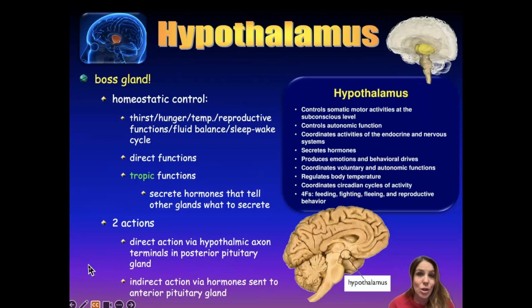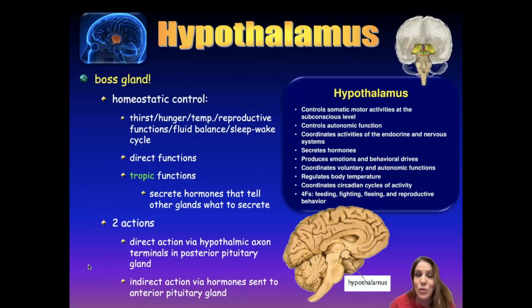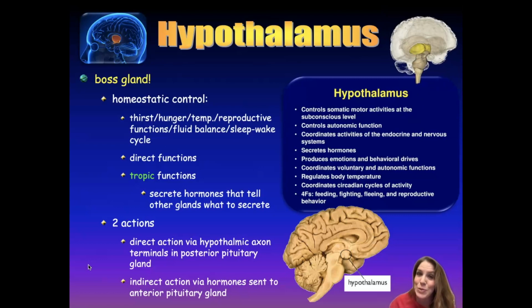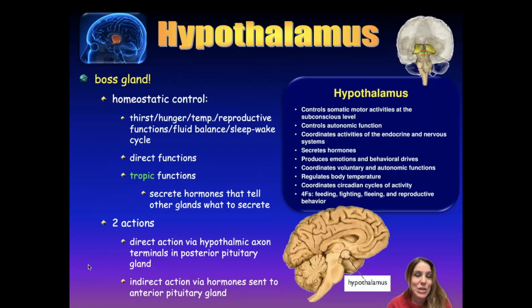So in other words, your pituitary gland, which we went over in the endocrine system, sits in that sella turcica, a little bone feature of the sphenoid bone. And it has a front part called the anterior pituitary gland and a back part called the posterior pituitary gland.